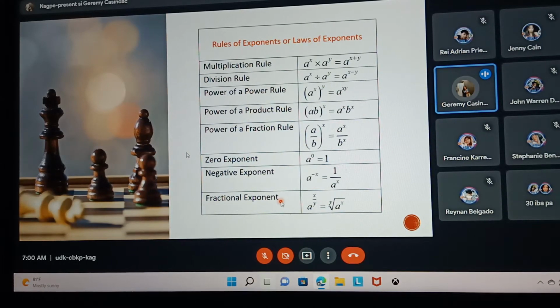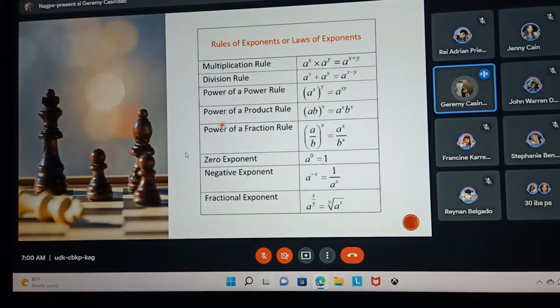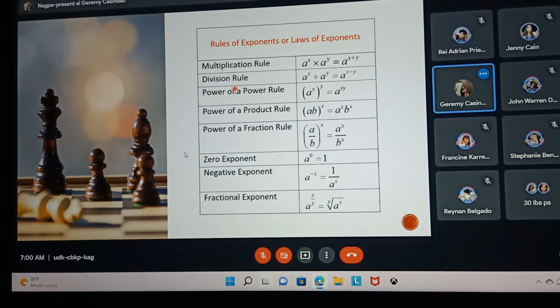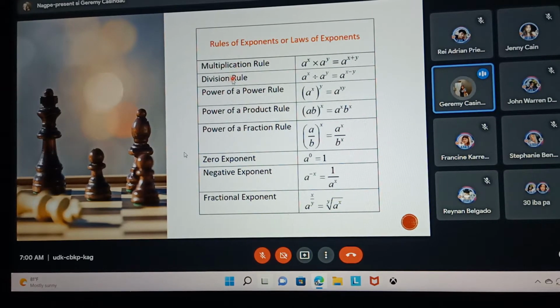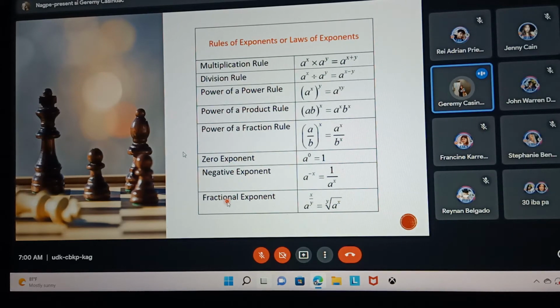So we have here rules or laws to follow on how to perform the exponent. Meron tayong tinatawag na multiplication rule, division rule, power of a power rule, power of a product rule, power of a fraction rule, zero exponent, negative exponent, and fractional exponent.